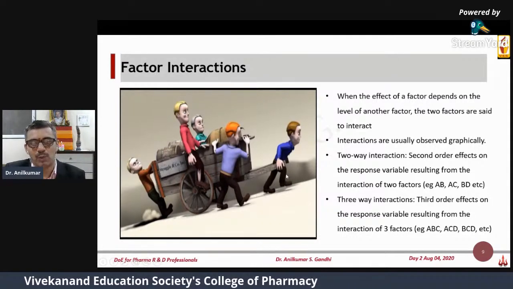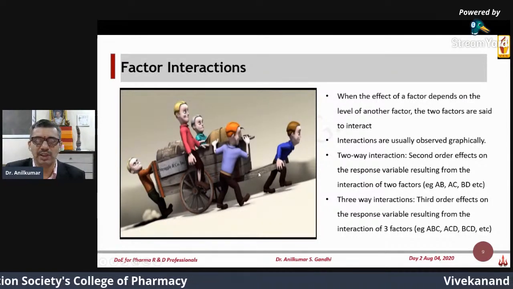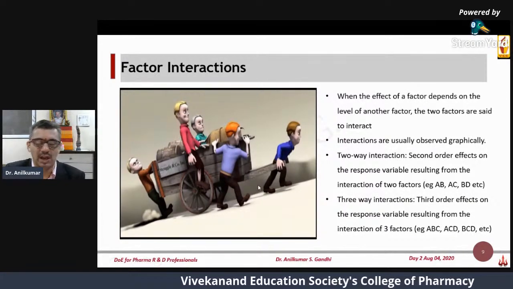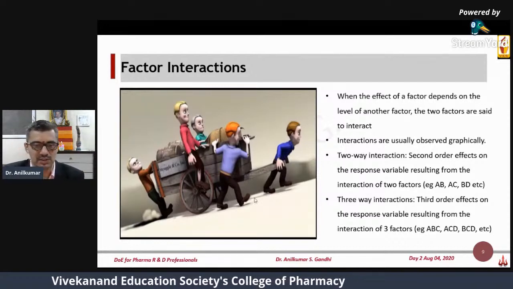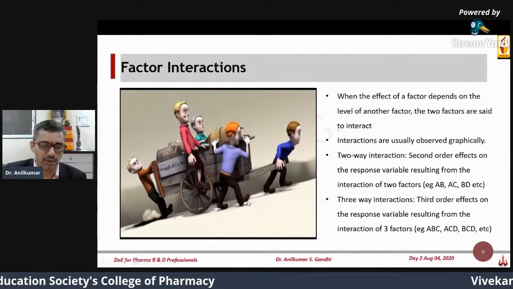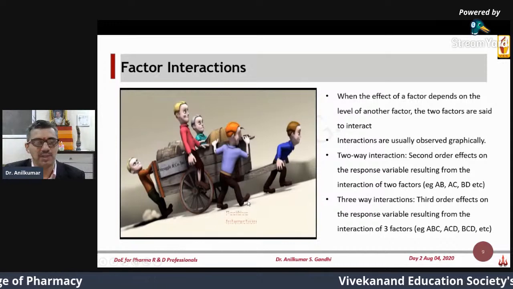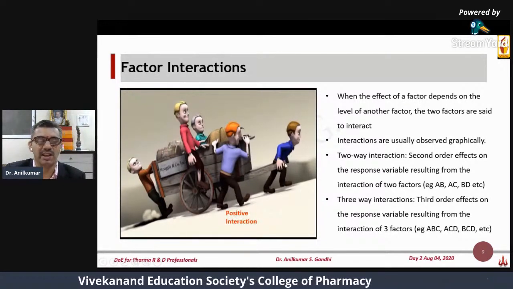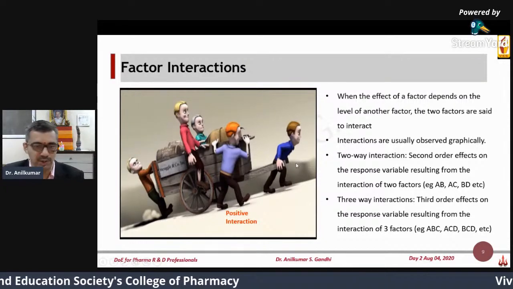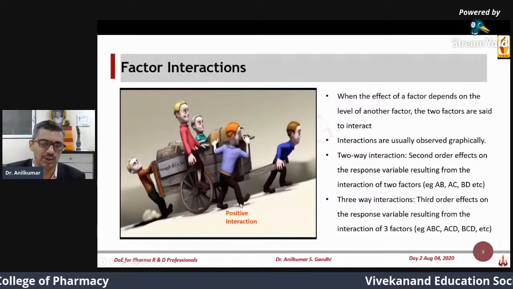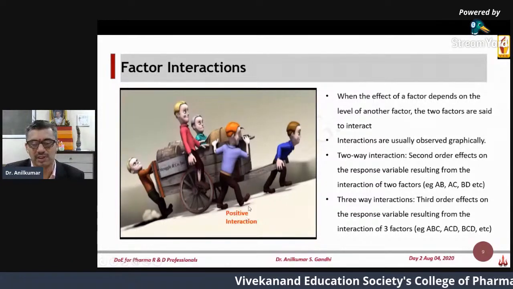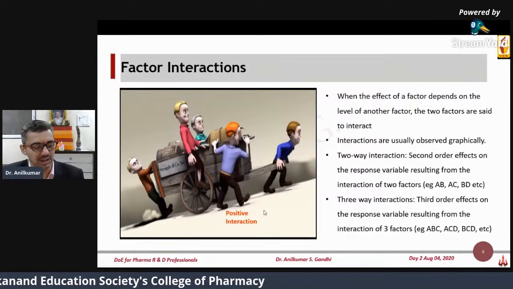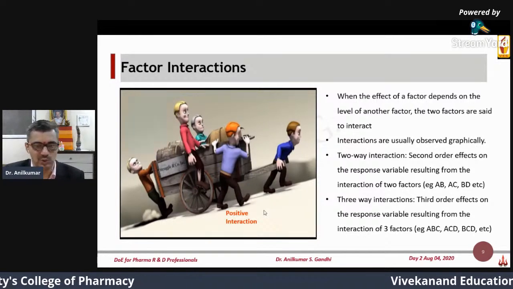The eventual outcome is that they have to take the cart a distance, and there is a slope which they are climbing. Probably this guy is helping to take it ahead because there is a slope, so he's pushing it. That is probably called a positive interaction. What we mean here is that the two factors can interact with each other positively as well.